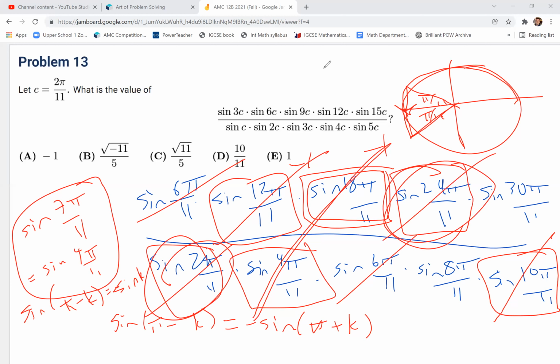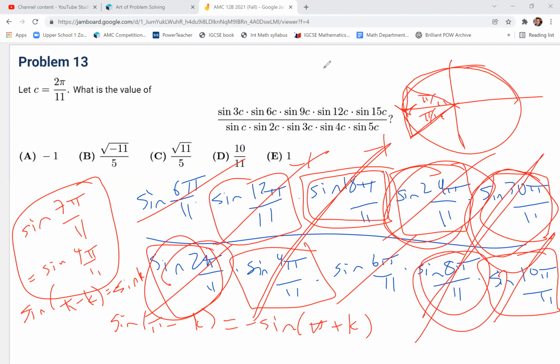And then think about sine 30 pi over 11. Well, 22 pi over 11 is 2 pi, which is 0, so that leaves behind 8 pi over 11. So this is equal to sine 8 pi over 11, which means it's equal to this. So these can also cancel out.